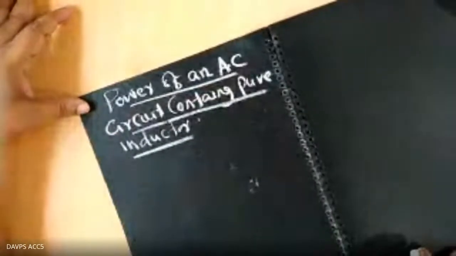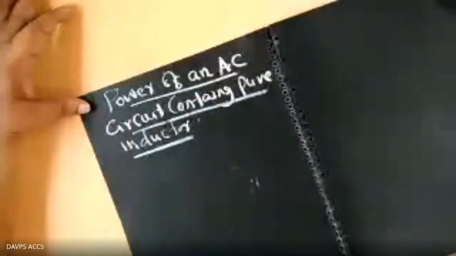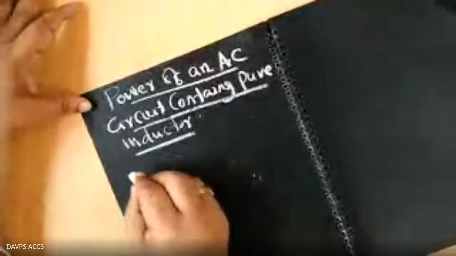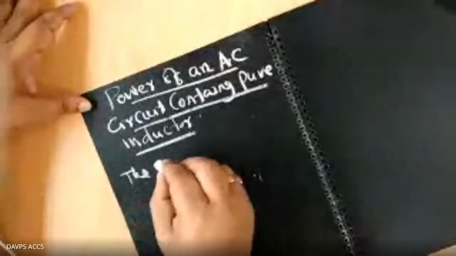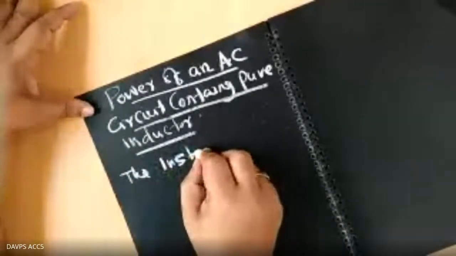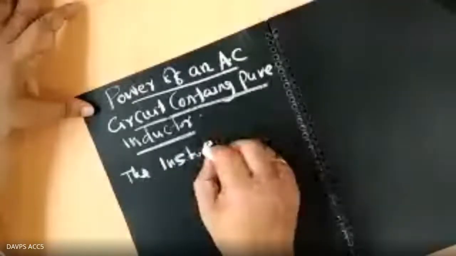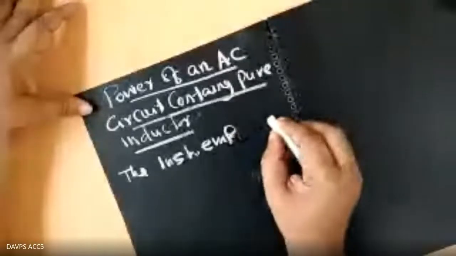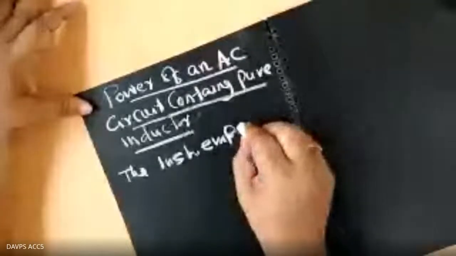So the instantaneous value of AC supply to the circuit, the instantaneous AC EMF. Simple first step, you write the instantaneous EMF and current.